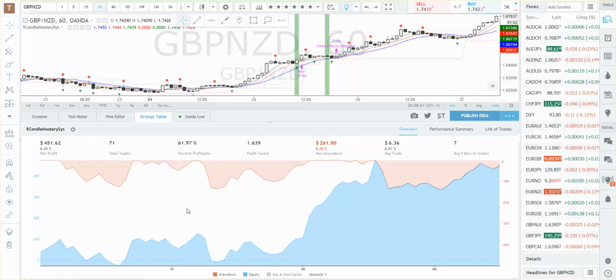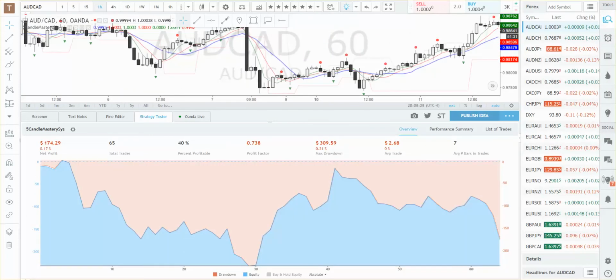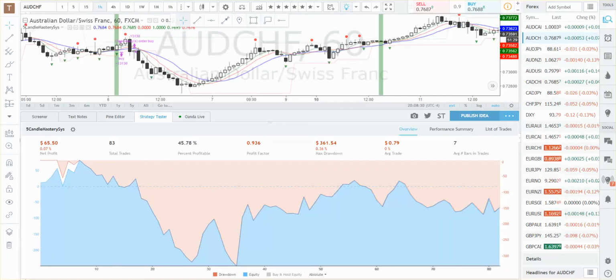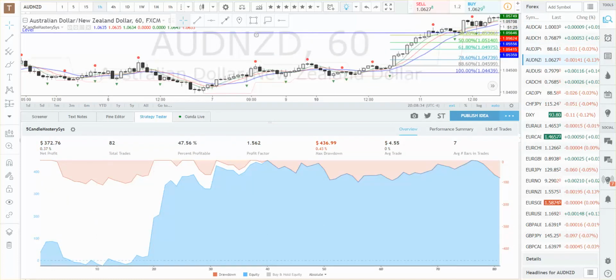So this is why I like how I integrate strategies, because you can see how the indicator performed over time on a particular pair. Disclosure, it's not going to look this pretty for all the pairs. We could cycle through and see.